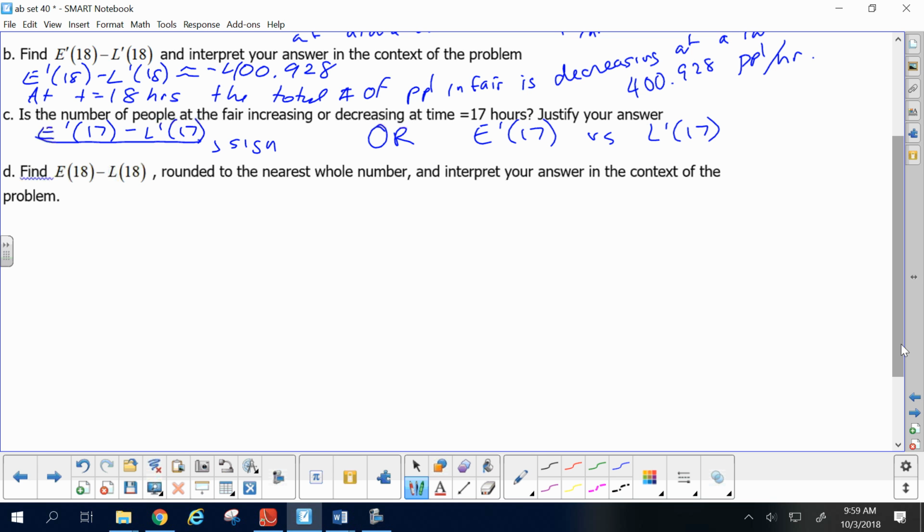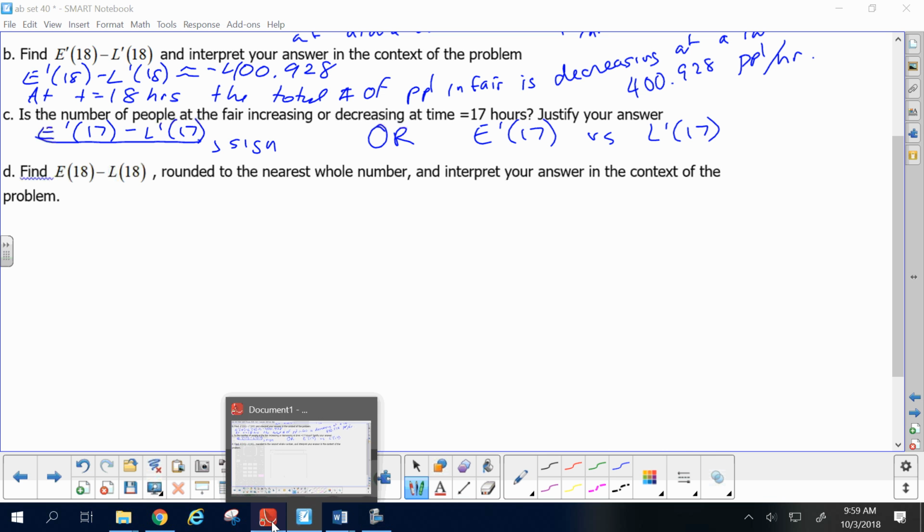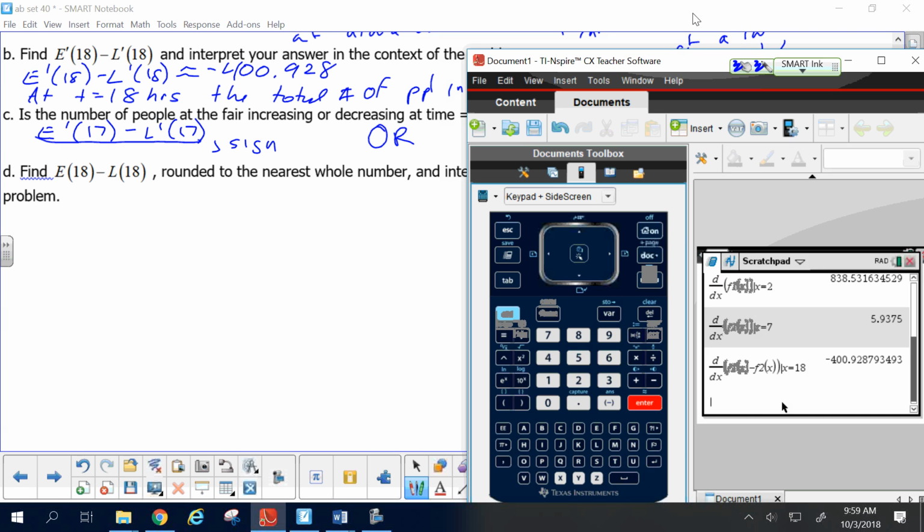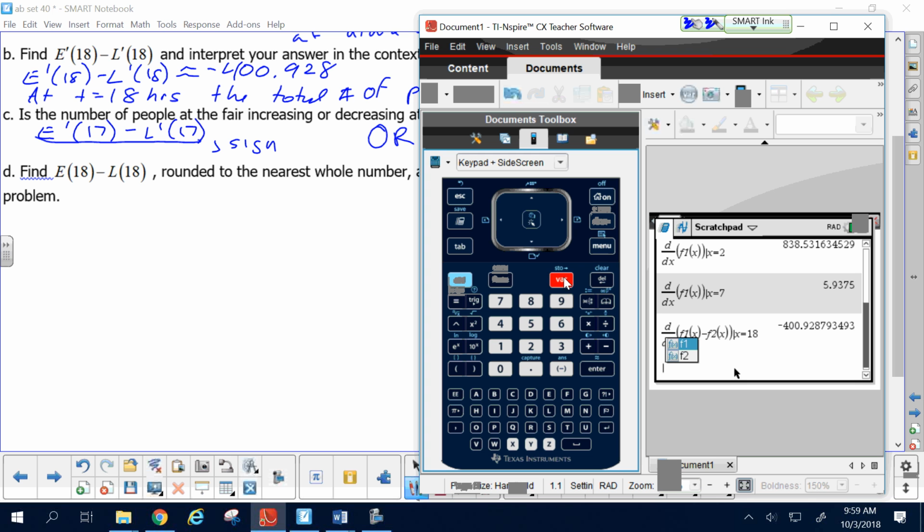E at 18 minus L at 18, round to the nearest whole number, interpret your answer.